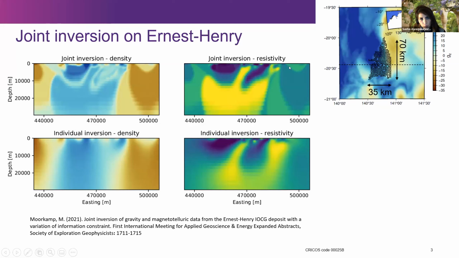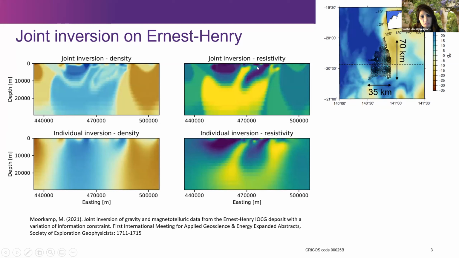When you look at the joint inversion, the resistivity, for example, has a lot better structures, and the structures are a lot sharper at the boundaries compared with the individual inversion of the resistivity. And with density it's the same thing, I guess. You can see that there are more structures, although with individual inversion of density, you really don't see any of those structures.